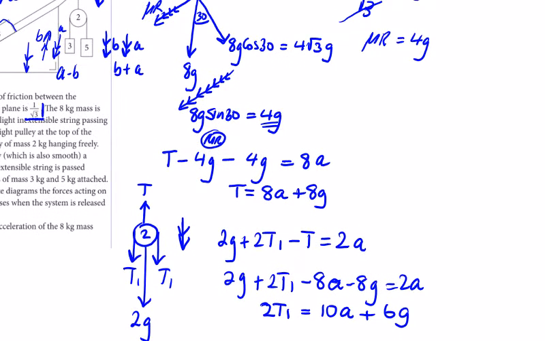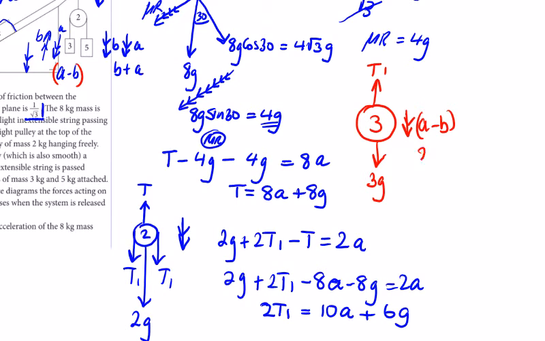Then for my 3, I have my T1, I have my 3G, I have my acceleration, which we said was A minus B, and it's going down, so A minus B in that direction.